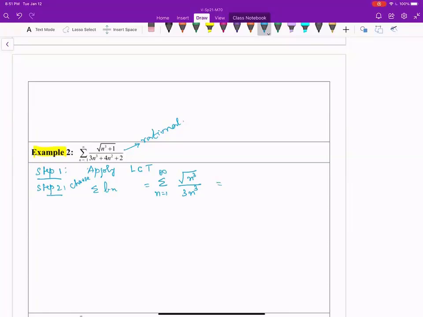By choosing this, we are going to bring this to the P-series form. So it is sigma n to the power 3 halves divided by 3n cube. 1/3 is after all a constant, which can be taken out. So it is 1 over n to the power 3 minus 3 halves, which is 3 halves.